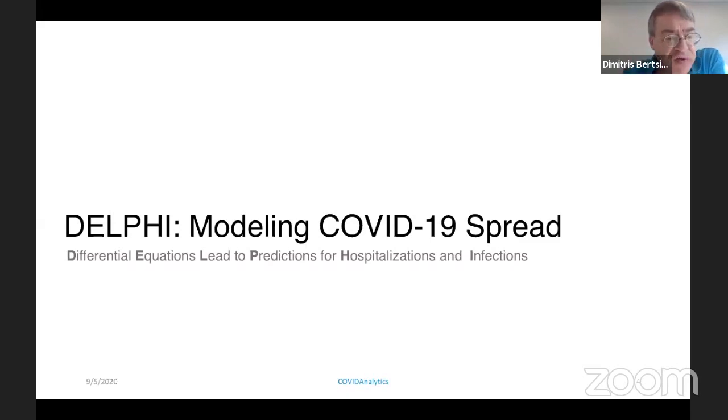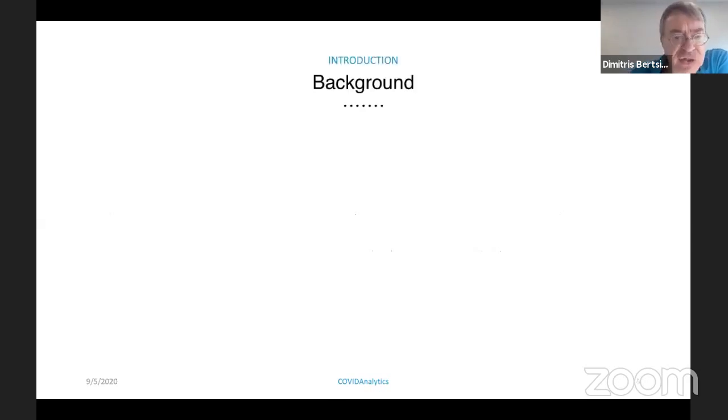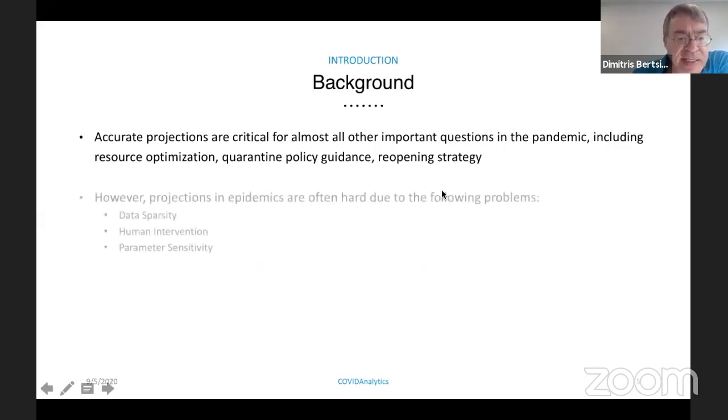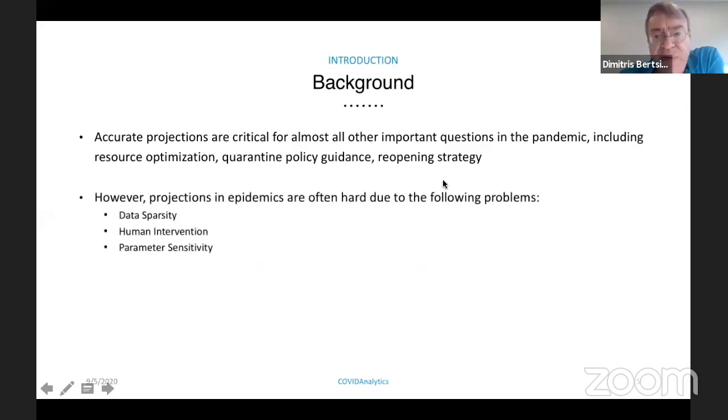Delphi refers, of course, to my Greek origins, but is also the acronym for differential equations lead to predictions for hospitalizations and infections. As background, accurate predictions are critical for almost all important questions regarding the pandemic. However, such predictions are quite involved, as there are several characteristics of data sparsity, human intervention.